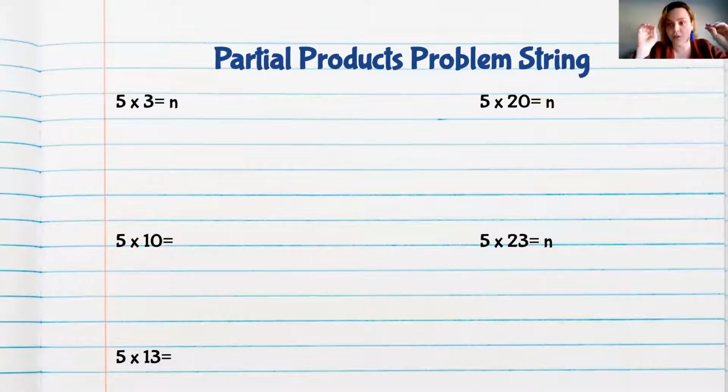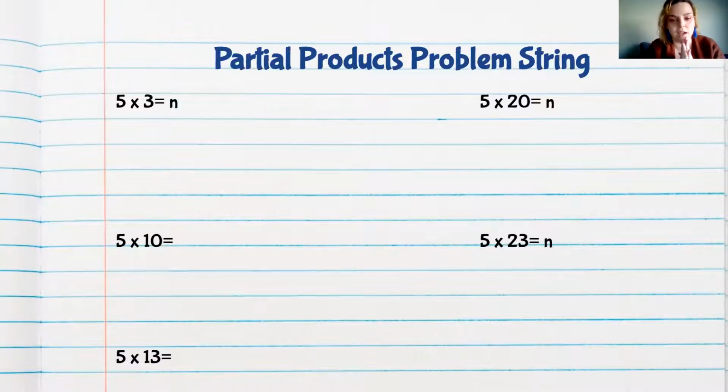I know. What we're really doing is looking at patterns right now. So don't just disregard it because you know what 5 times 3 is. Just write it out because we're going to represent each of these equations with an array. So 5 times 3 up at the top, 5 times 10, 5 times 13, 5 times 20 at the bottom, and then 5 times 23. Pause me so that you can go do that right now.